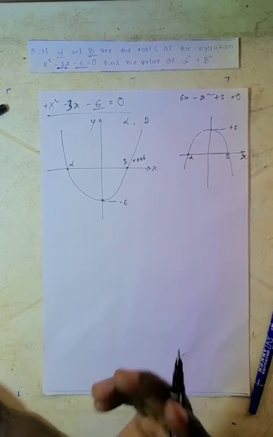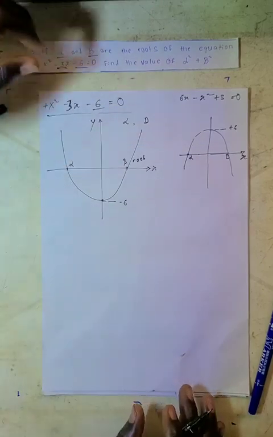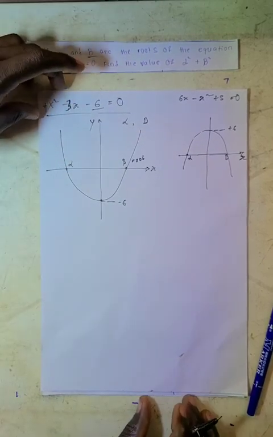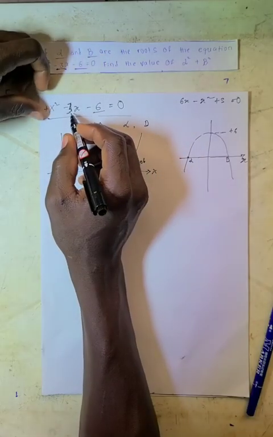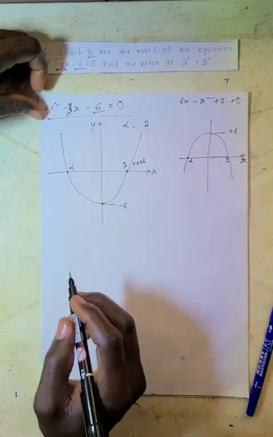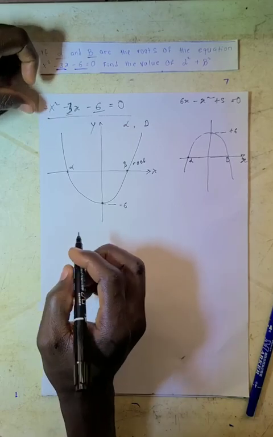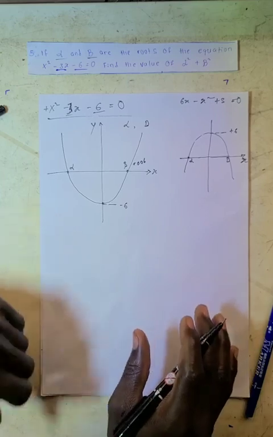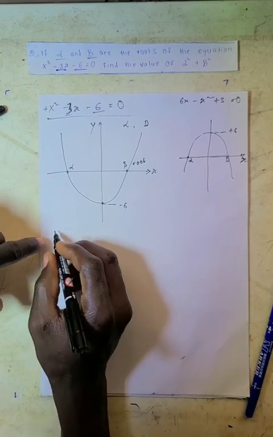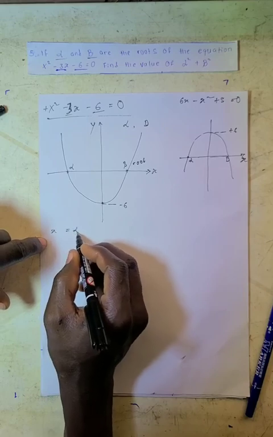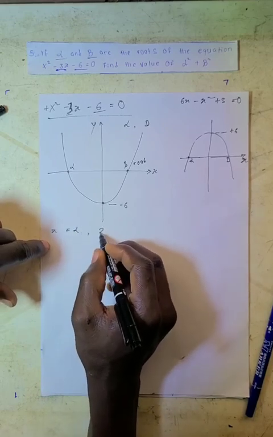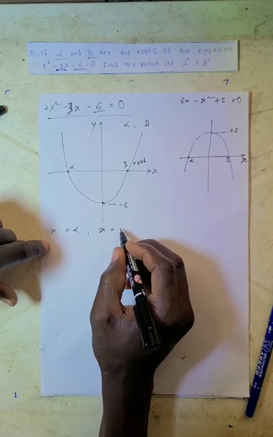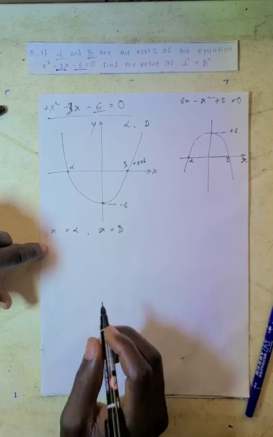Now, the next thing to note about quadratic equations is this. This middle term, the product, let's do this now. Let's say our first answer, like we said, is x equals alpha, and then the second answer is x equals beta. We want to prove something now.